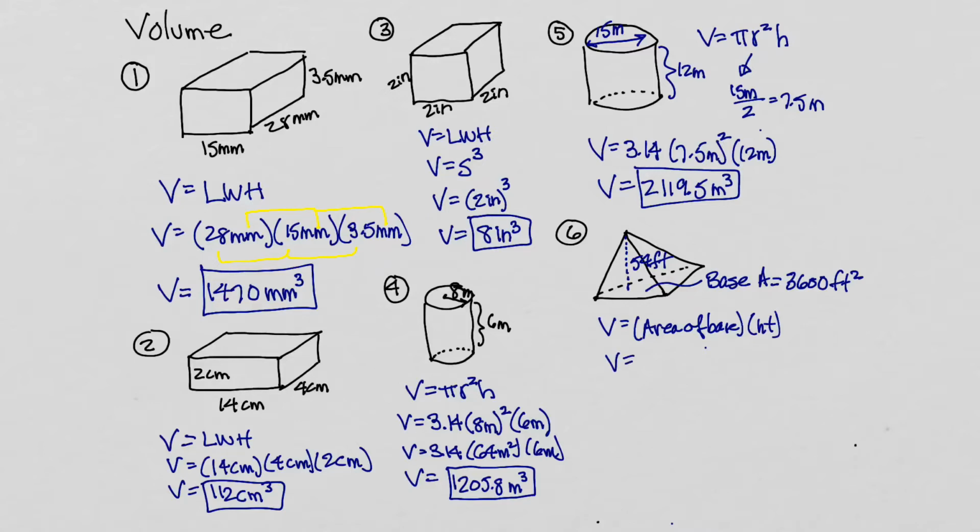So we're going to get 3,600 square feet times 54 feet. And if I multiply these numbers together, I'm going to get 64,800, and feet squared times feet gives us feet cubed.